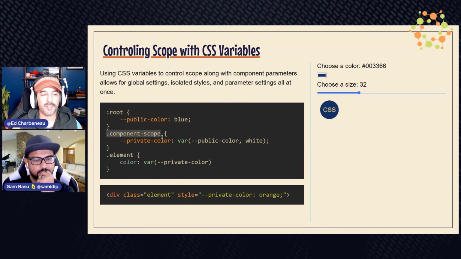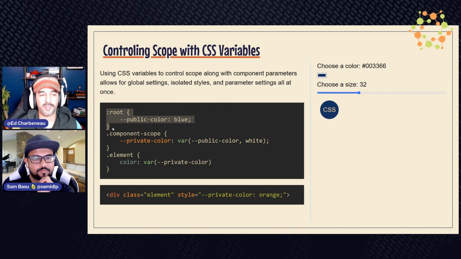Now, at the component level, I have a private property here called private color. And what it's going to do is consume this public color of blue. And if for some reason this root isn't set, I'm going to take white instead. So this is actually giving me that middle ground where I could say, I want to actually hide this from my end users. Maybe I don't necessarily want them to override all of the styles in my application.